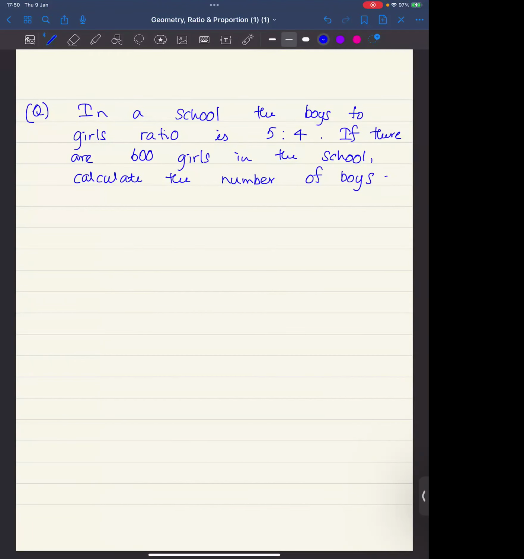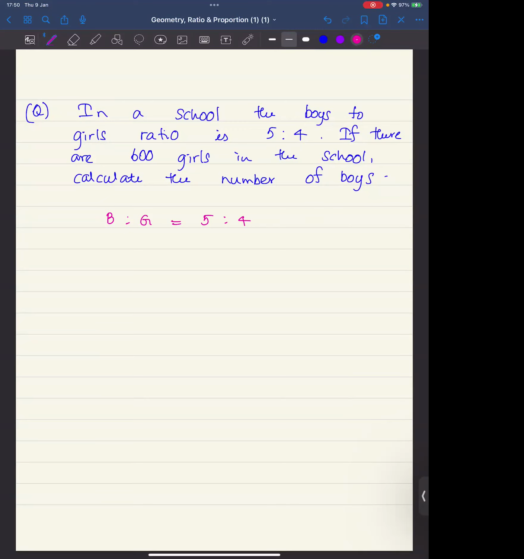The answer. Right, okay. That's easy. Boys to girls ratio is 5:4. If there are 600 girls in the school, girls is represented by 4 portions.